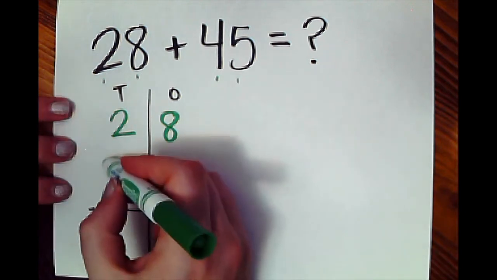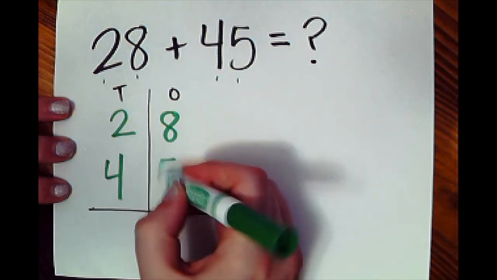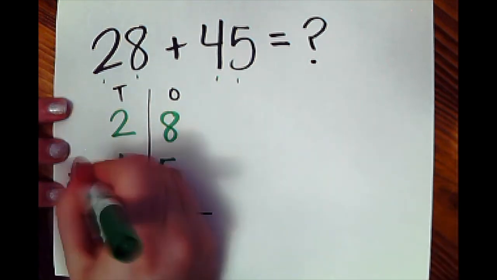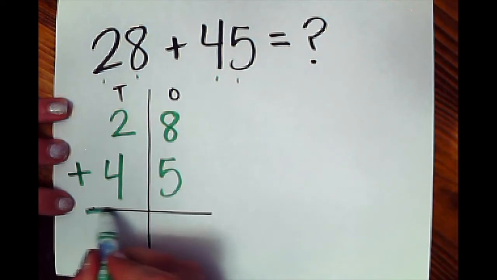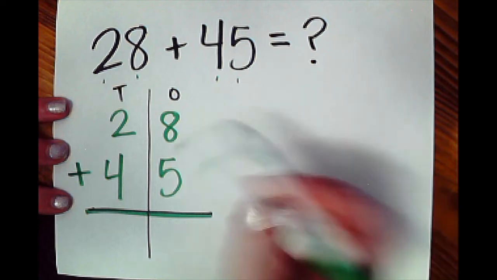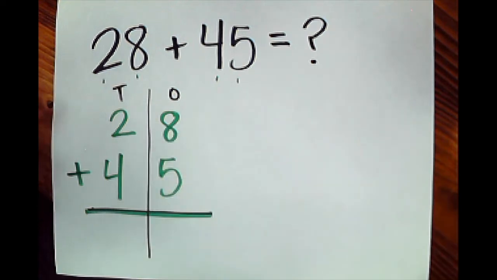So 4 tens and 5 ones. Now, don't forget your plus sign. And I like to trace over this part and make my equals bar. So I have 28 plus 45 equals something.